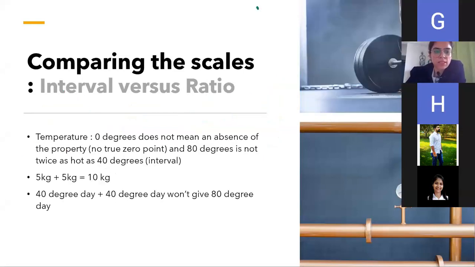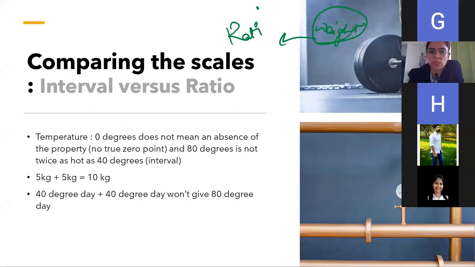Okay, next, let's compare the scale interval versus ratio. This is weight. What scale is this? Weight is interval or ratio? Ratio. Right. And can you give some other examples for interval scale? Yes, I'll give you that. Temperature.